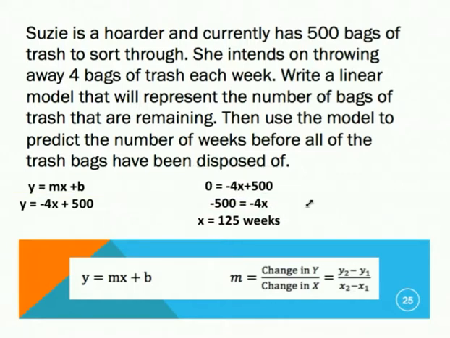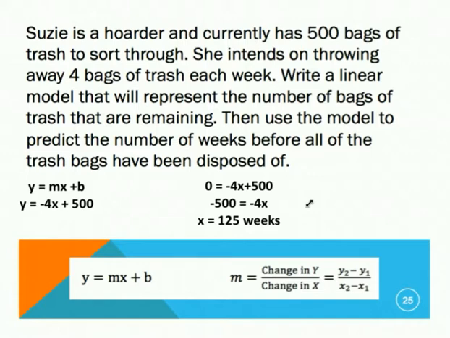So about 2 years, basically, would be another way of saying that, or 2.5 years, something like that, because there are 52 weeks in a year. So again, to think through this logically, if we were just given the setup of the question and asked not about the model, but just about how long it would take for the trash bags to be disposed of, you can check your answer.